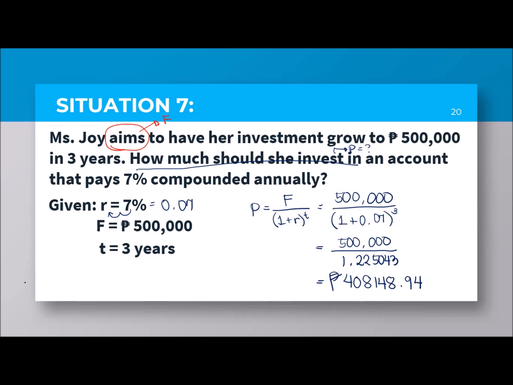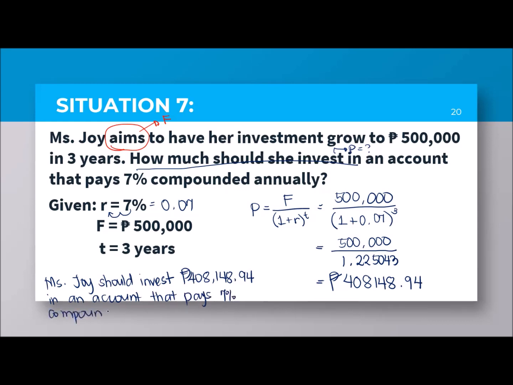So, ibig sabihin, Miss Joy should invest 408,148.94 pesos in an account that pays 7% compounded annually.